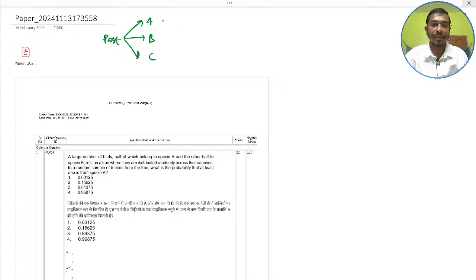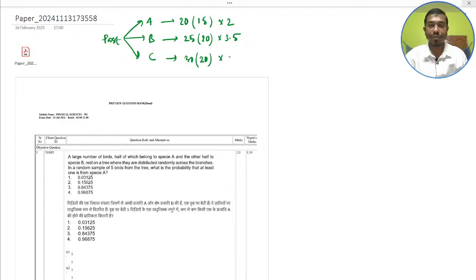In part A, there are 20 questions and you have to do 15, carrying plus 2. In part B, there are 25 questions, you have to do 20, and each question carries weightage 3.5. In part C, there are 30 questions and you have to do 20, each question 5 marks.